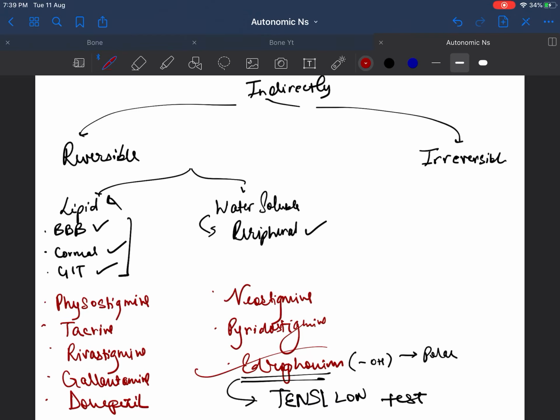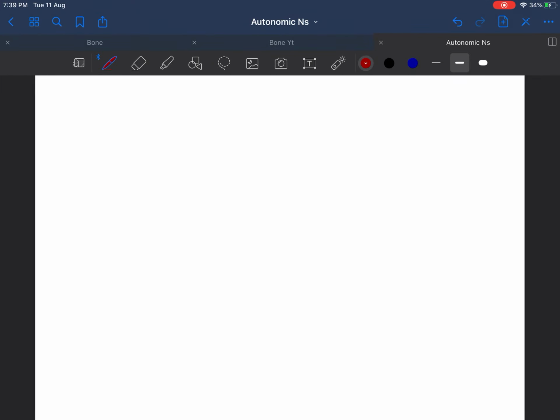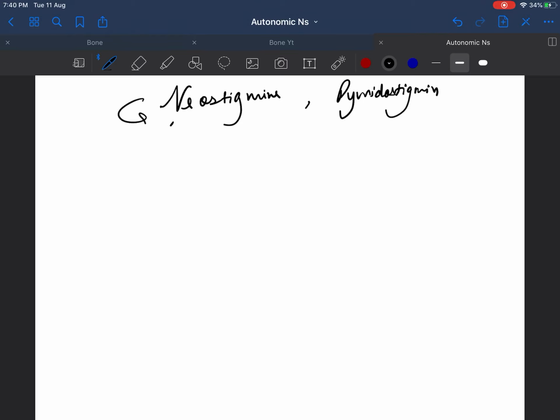Now coming to neostigmine and pyridostigmine. Neostigmine first, and pyridostigmine. So neostigmine is actually a quaternary amine.